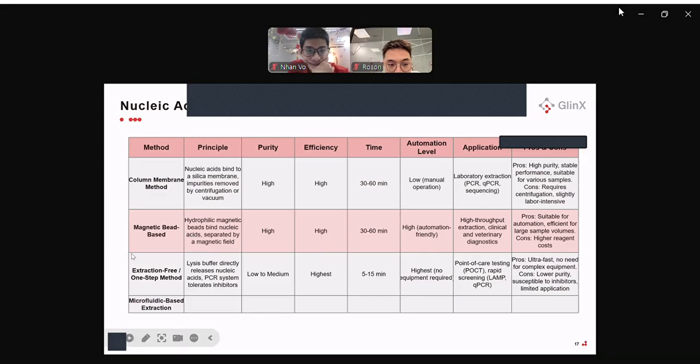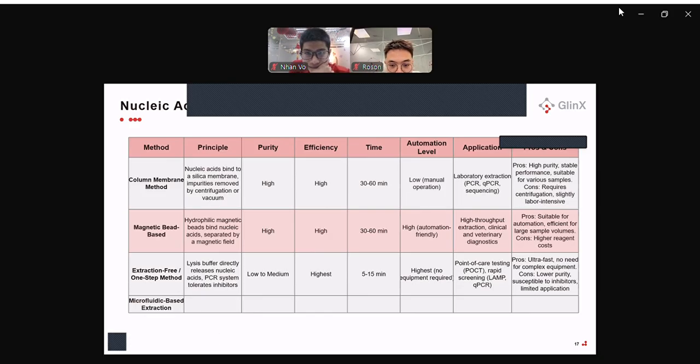And the next extraction method, we cannot really call it an extraction method because, as I said before, some brands or some machines might sacrifice the extraction process and the purification process to improve the speed of the tests. This kind of method, we call it the extraction-free or one-step method.